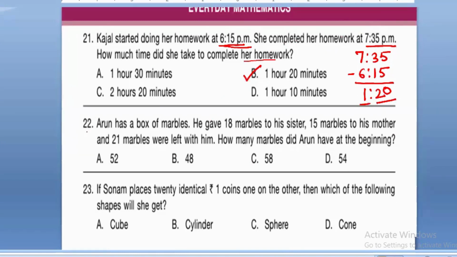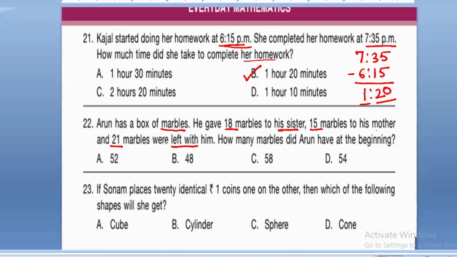Now let's move to question number 22. Arun has a box of marbles. He gave 18 marbles to his sister, then 15 marbles to his mother, and 21 marbles were left with him. So how many total marbles did Arun have? We need to find it. So what do we have to do?